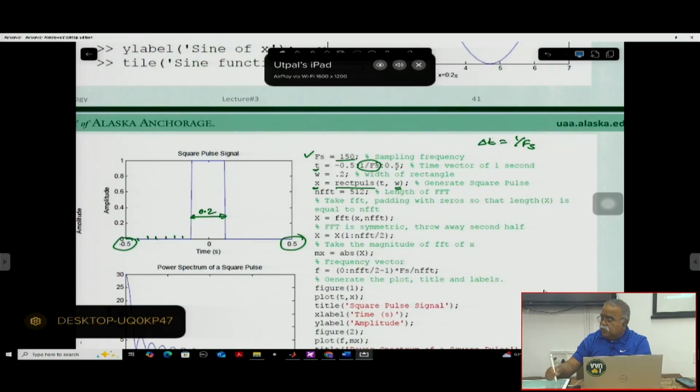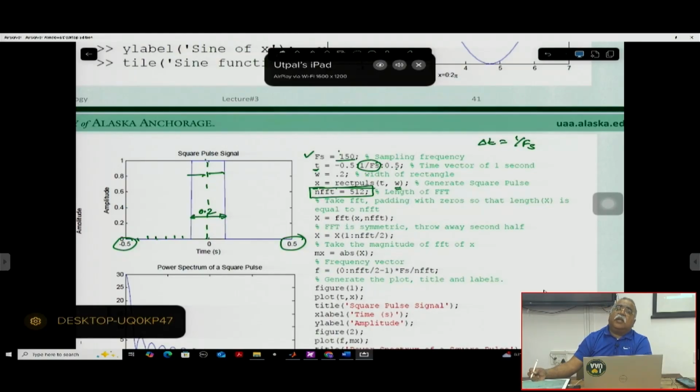So if you give these t values and ask it to calculate a 0.2 width rectangular pulse, it will create a rectangular pulse of 0.2 from the 0 point. So we now have the time domain function which is discretized at 1 by fs second intervals.